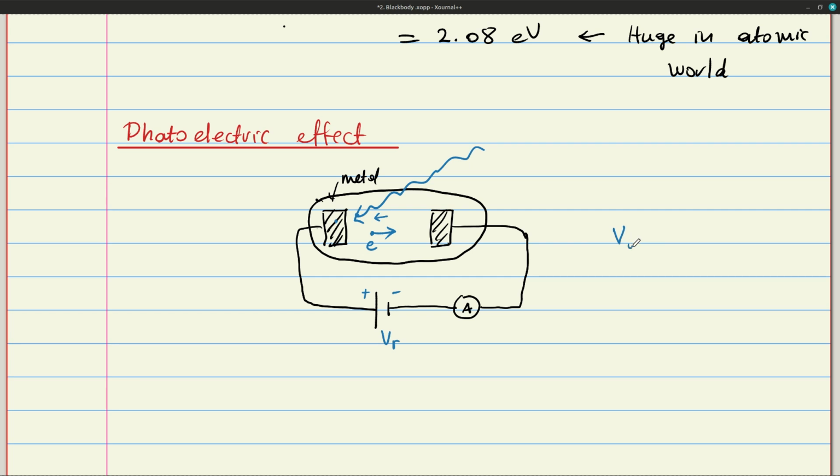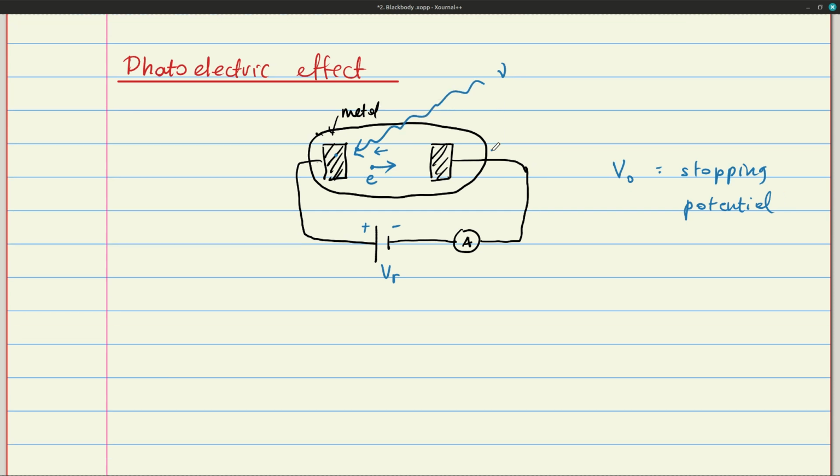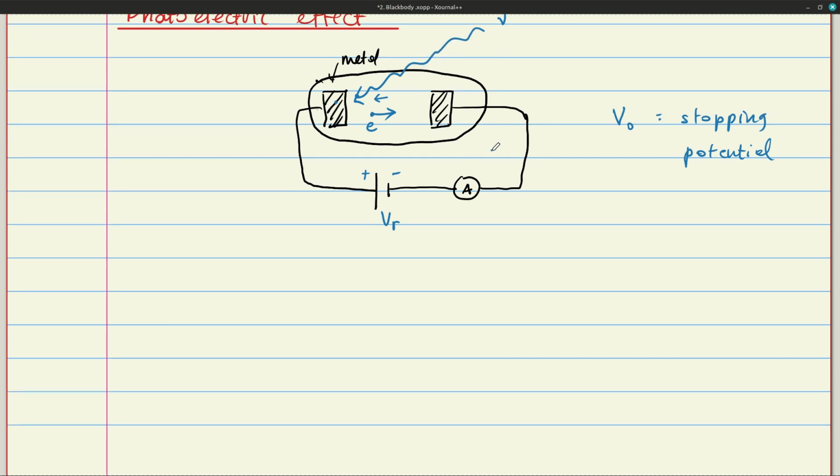Let me call it V naught, the stopping potential. So this is the setup, and of course there is a frequency of light. I can send green light, red light, yellow light, I can tune the experiment any way I want.